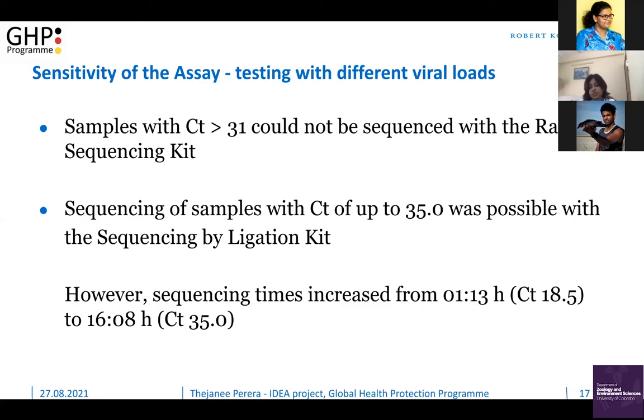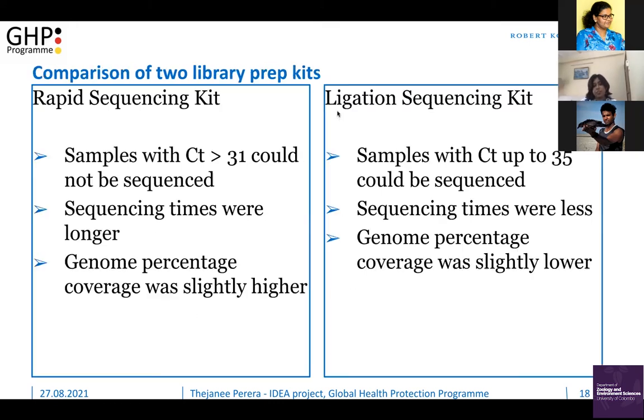But as you can imagine, if you have low viral load, it takes a lot of time to generate 50,000 reads. So the sequencing time increased from 1 hour and 30 minutes to 16 hours for samples with CT 35.